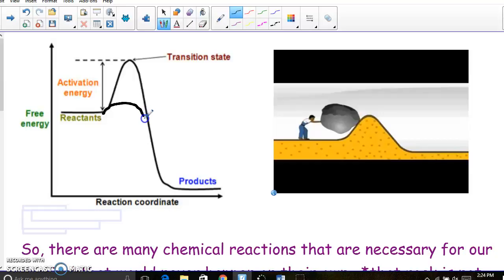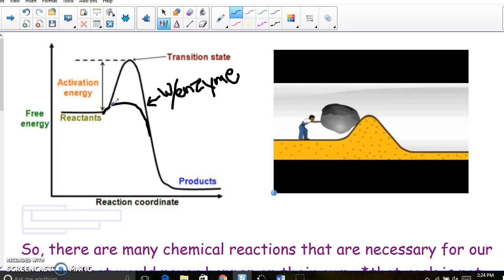So that great big hill all of a sudden becomes just a little mound. And that is with an enzyme. Sorry, I'm not very good at writing with my pad, but hopefully you can see the difference. So this is the activation energy without an enzyme.